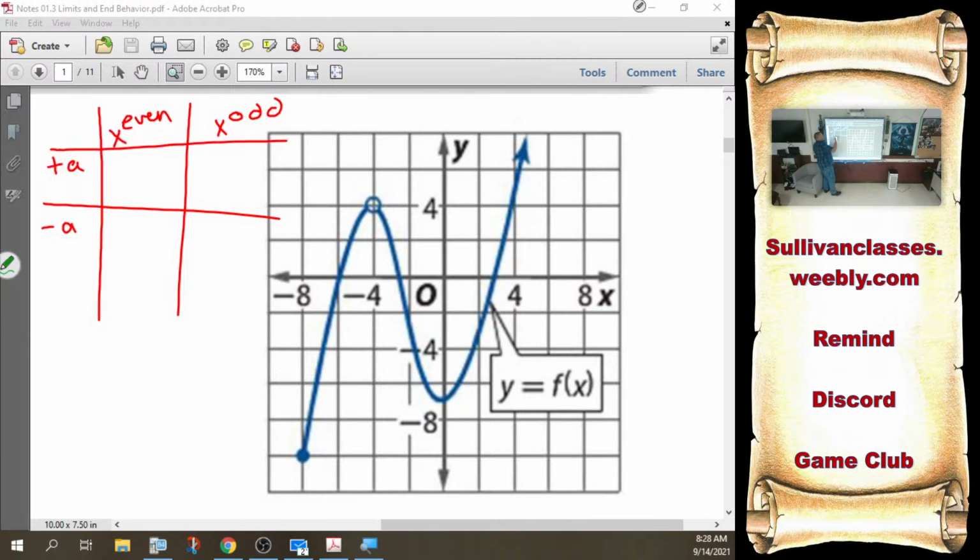You might remember a little chart or something like this from Algebra 2 that says if I have an even polynomial, it's going to start and end up at positive infinity. If I have an odd polynomial, it's going to start at negative infinity, go to positive. If I have negative even polynomials, I flip that around.